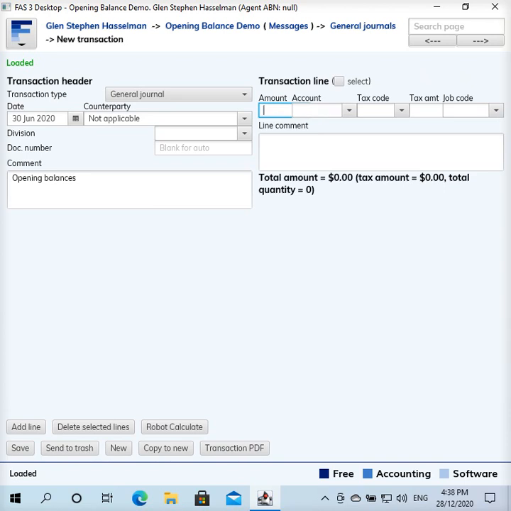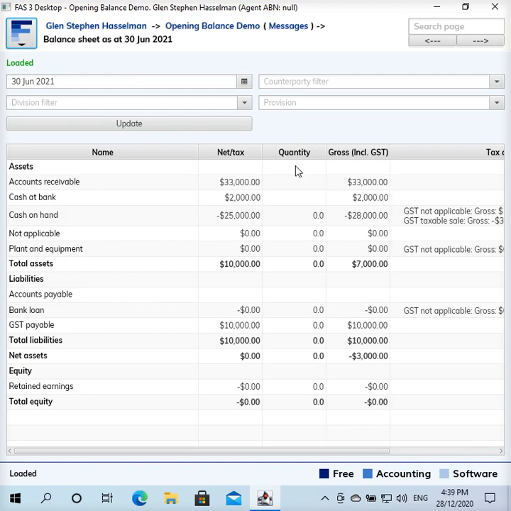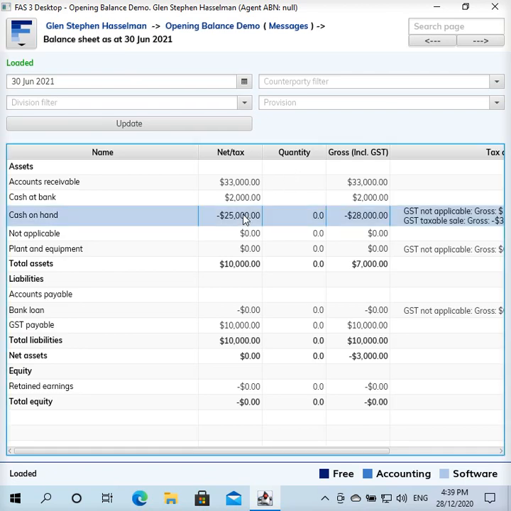Now, in fact, before we do this, this is the journal that should clear out cash on hand. So I forgot what it actually was. You shouldn't really forget, because you'll be working to actual numbers, and I'm just making these numbers up as I go.